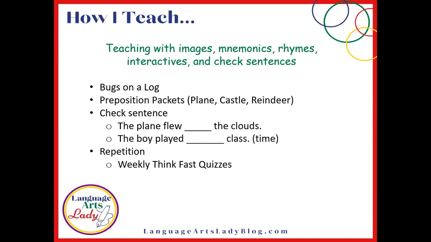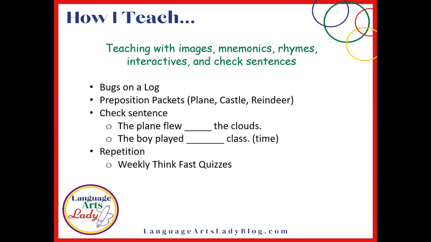But in addition to those spatial things, it also does the synonyms, the antonyms, the multi-word preps, the time ones: during, after, before, and all of those. I think they're like 100-page preposition books. All right, so those are available at Teachers Pay Teachers at my store. And with those preposition packets come these 2 check sentences: the plane flew blank the clouds, the spatial one again, and the boy played blank the class.